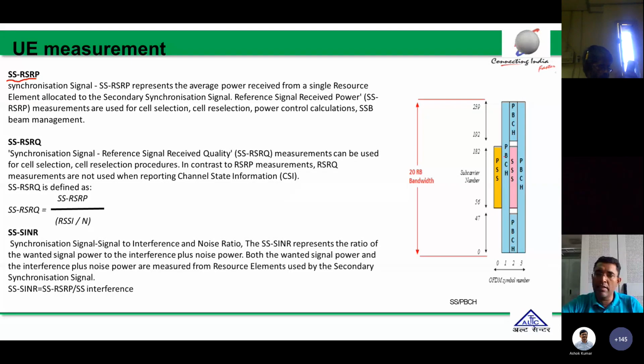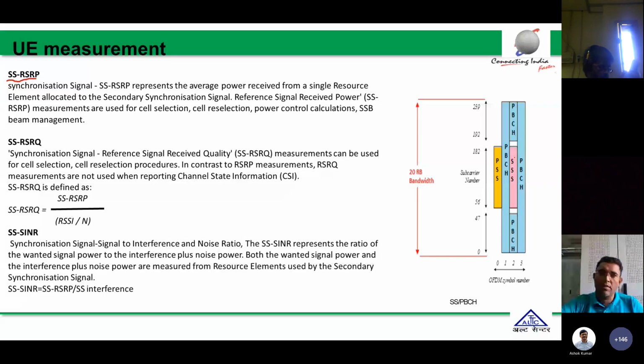The first symbol is the PSS, the primary synchronization signal. The second and fourth symbols are the physical broadcast channel. And in between, the third symbol is the secondary synchronization signal.